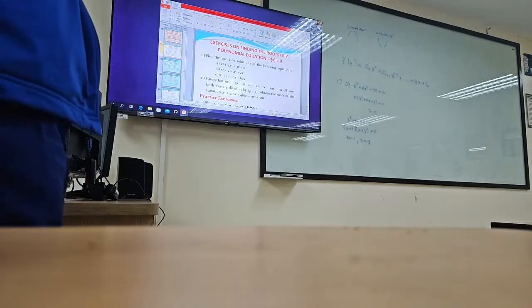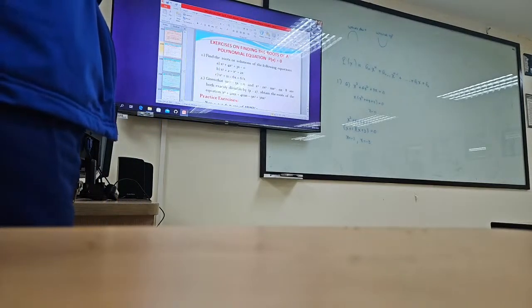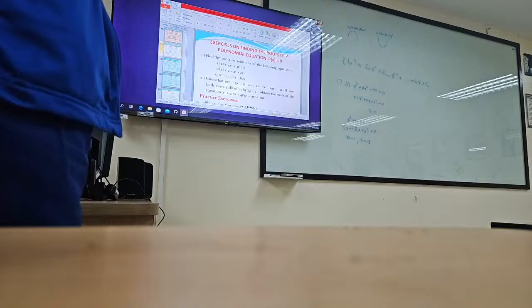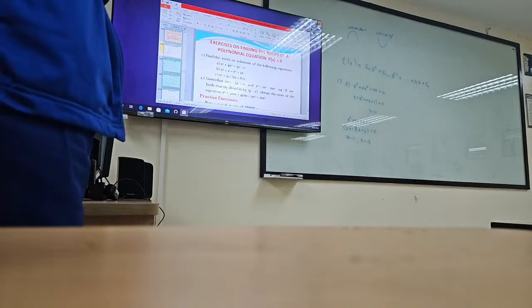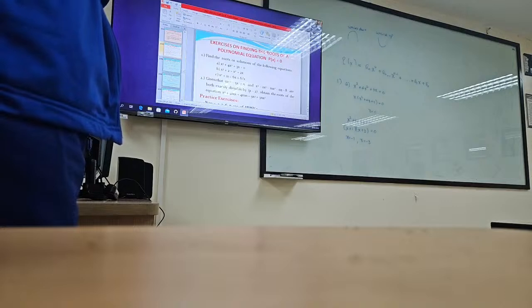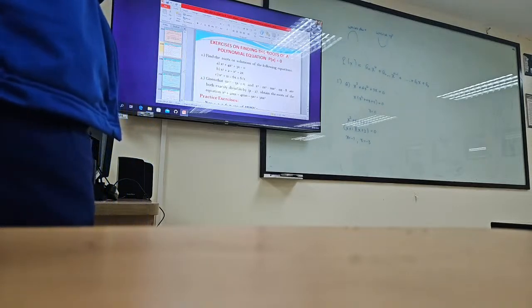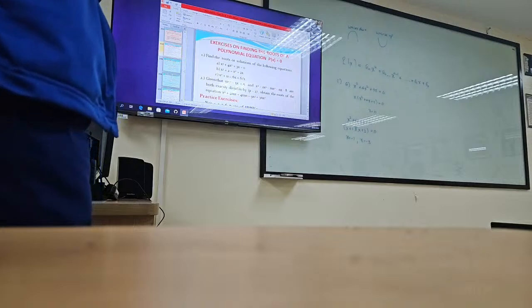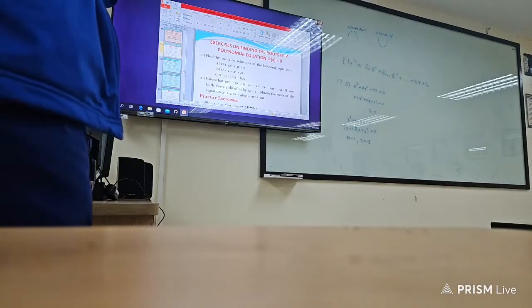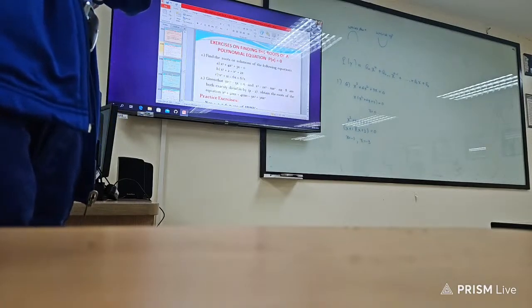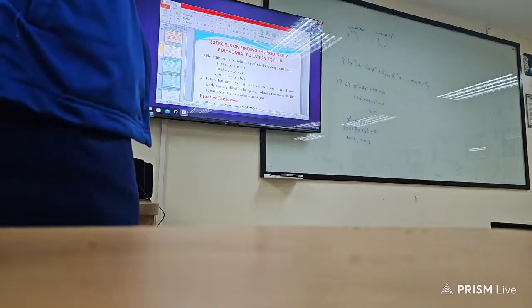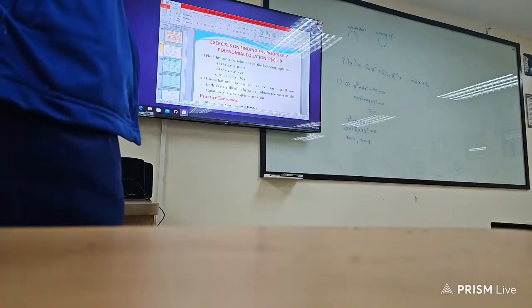Given that mx to the 4th minus 5x plus n, and x to the 4th minus 2x cubed minus mx squared minus nx minus 8, these are two separate polynomials, are both exactly divisible by x minus 2. Obtain the roots of the equation.